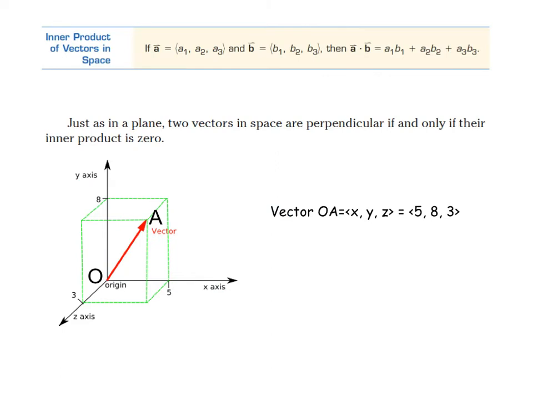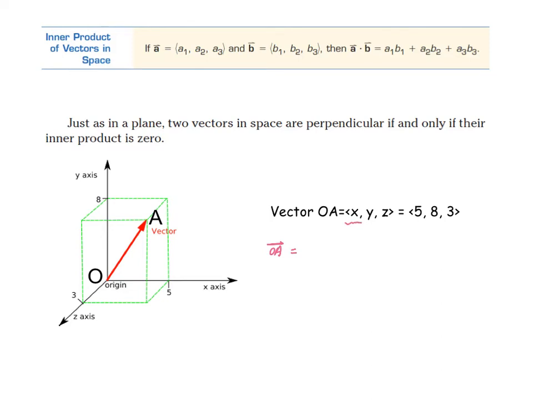Here is an example of how a vector looks in 3D space. We can see that we have a vector OA, starting from the origin to A. How do we represent this vector OA?